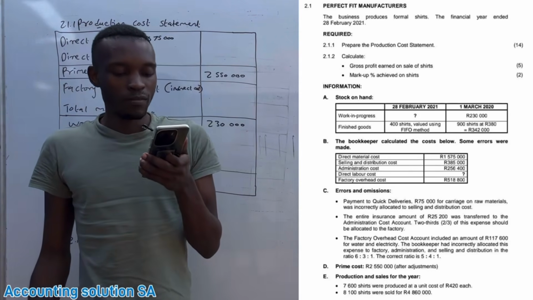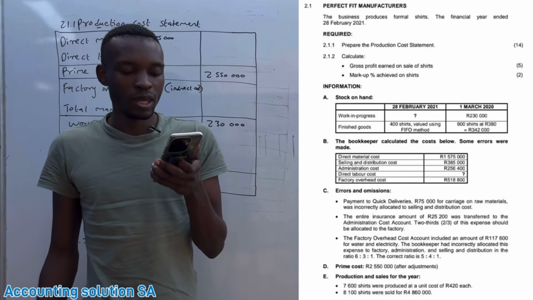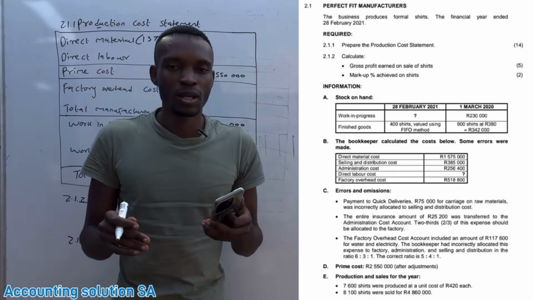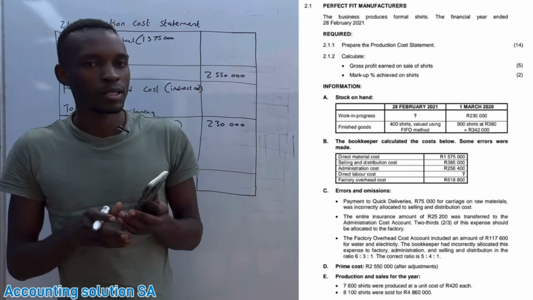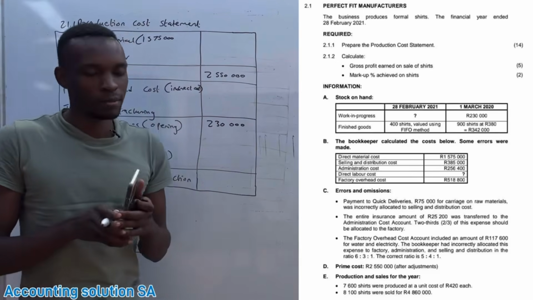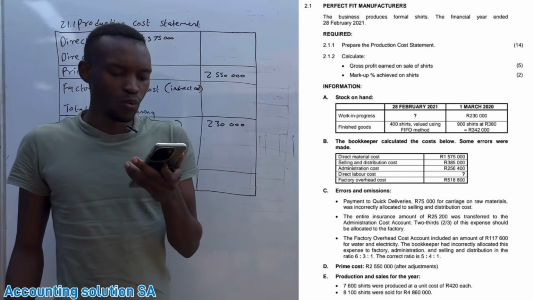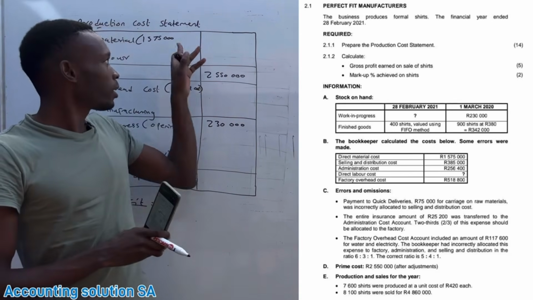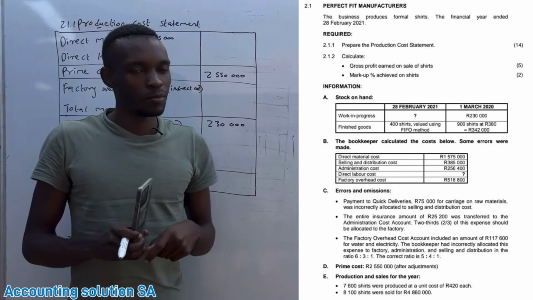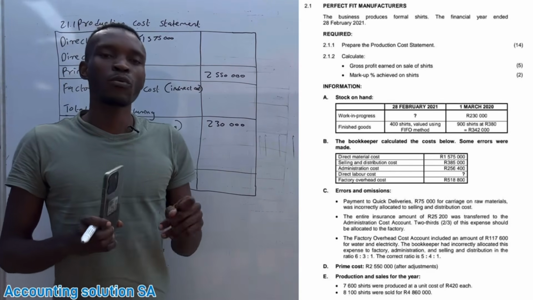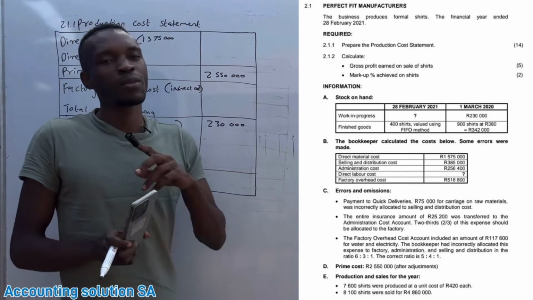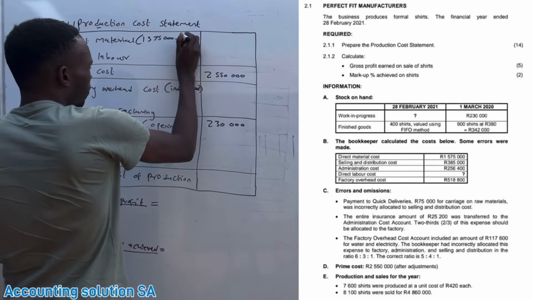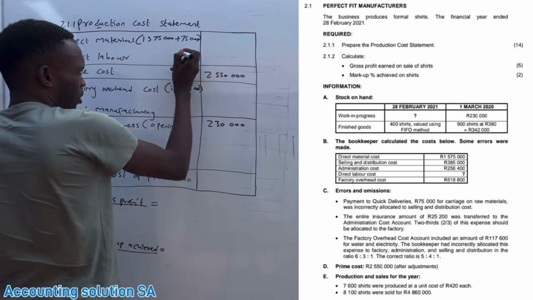Payment to Quick Delivery of 75,000 for carriage on raw material. You know that delivery, which we can also call transport or carriage on purchases, must also be included under direct material. They said it was incorrectly allocated to selling and distribution. It was supposed to be here, and they recorded it under selling and distribution by mistake, which means that if we were also required to prepare selling and distribution, we would subtract it on that side and add 75,000 on this side because it belongs here.